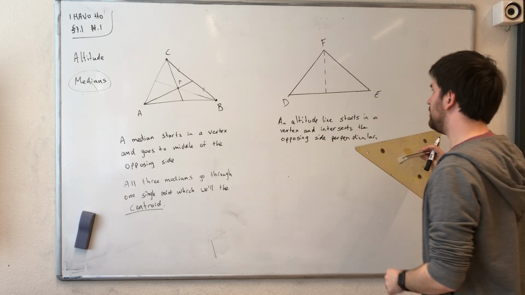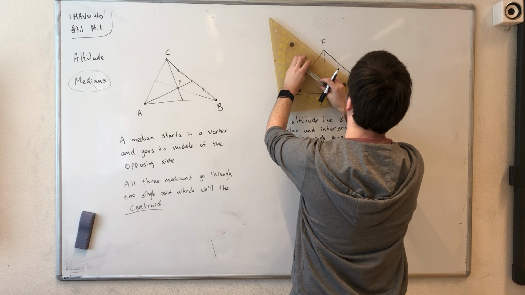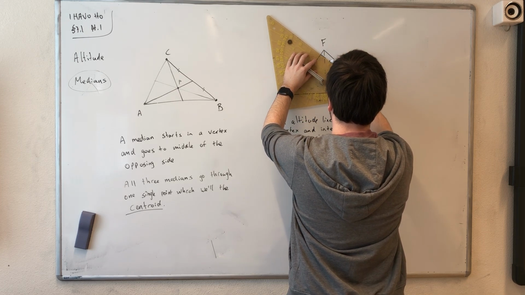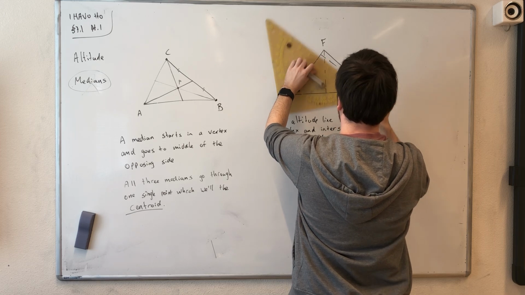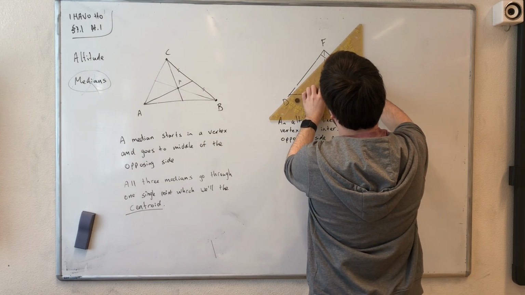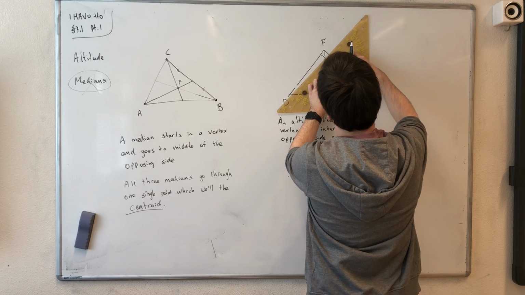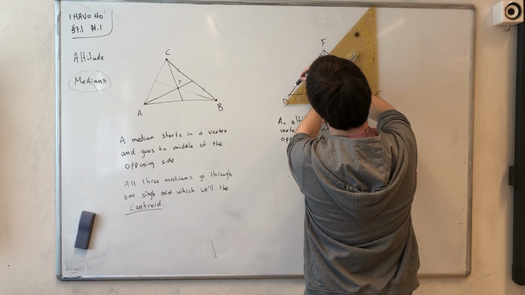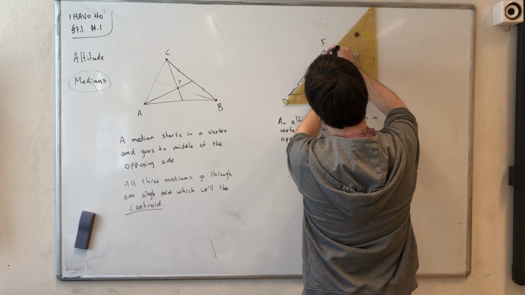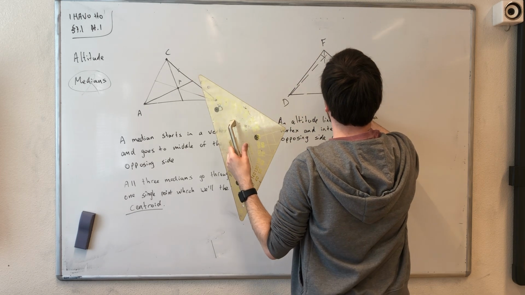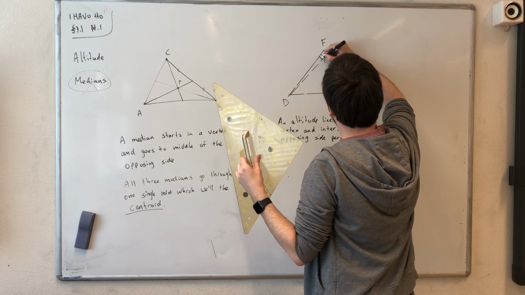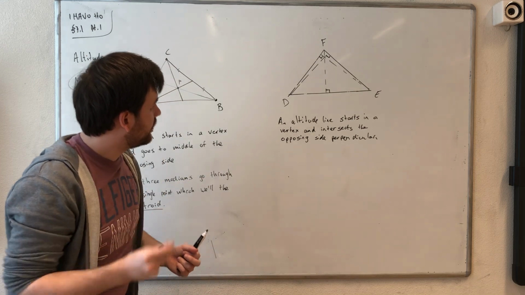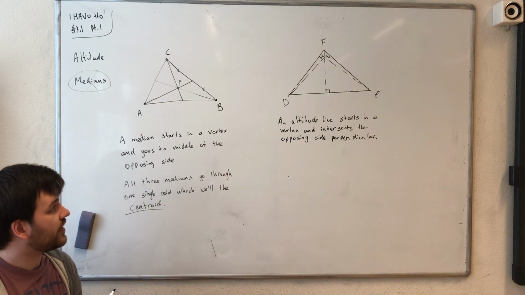And we can do something similar for the other two angles. So for angle E, put it down like this. And then the line over there. And what you can also see is that the three altitude lines also go through one point. And all of these angles where they intersect the opposite sides are perpendicular, right angles, sorry.